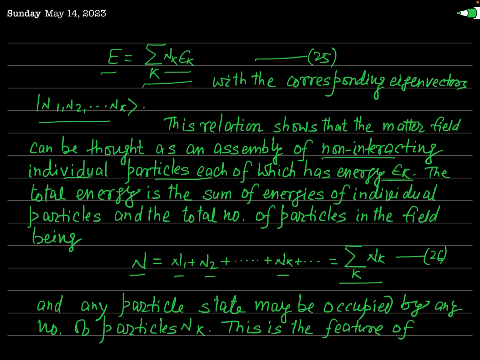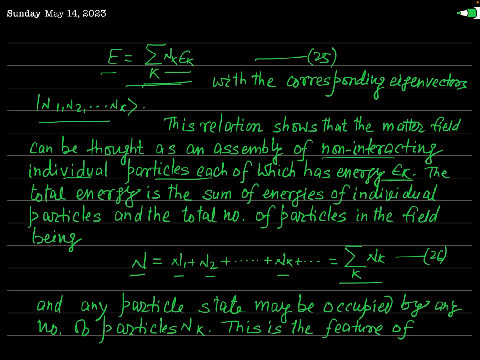And as we have obtained this eigenvalue of the system without any restriction on the distribution of particles in different quantum states, you can easily say that there is no restriction on the number of particles in a particular quantum state.